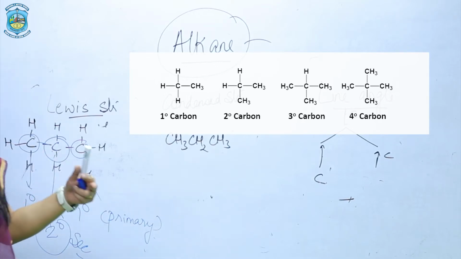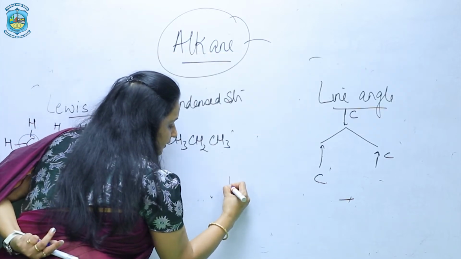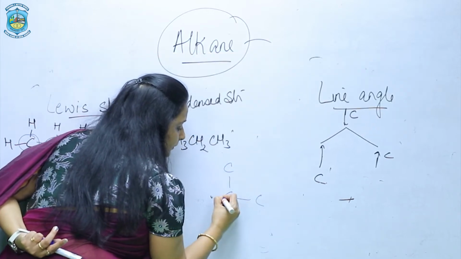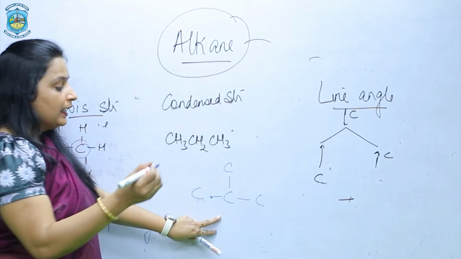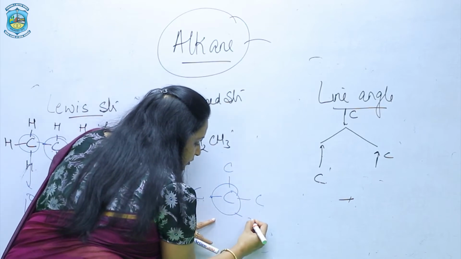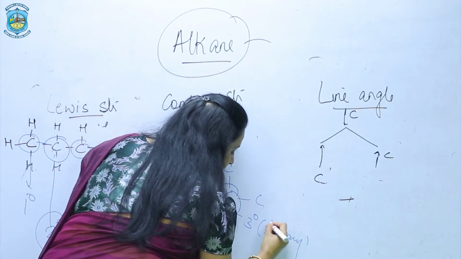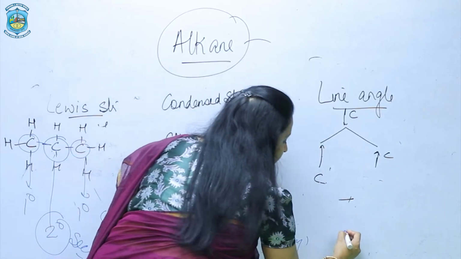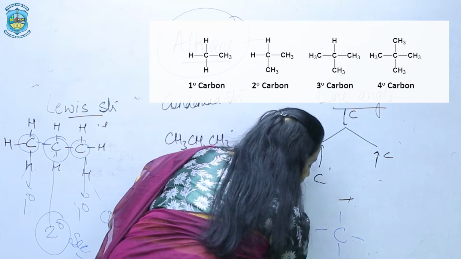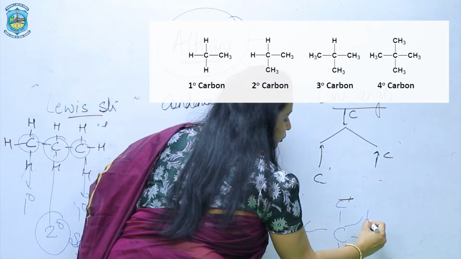Now tertiary, as the name indicates, if in any structure a carbon is directly forming sigma bonds with three other carbons, then this carbon is called tertiary carbon. And quaternary means if it is forming four bonds with other carbons, then this carbon becomes your quaternary carbon.